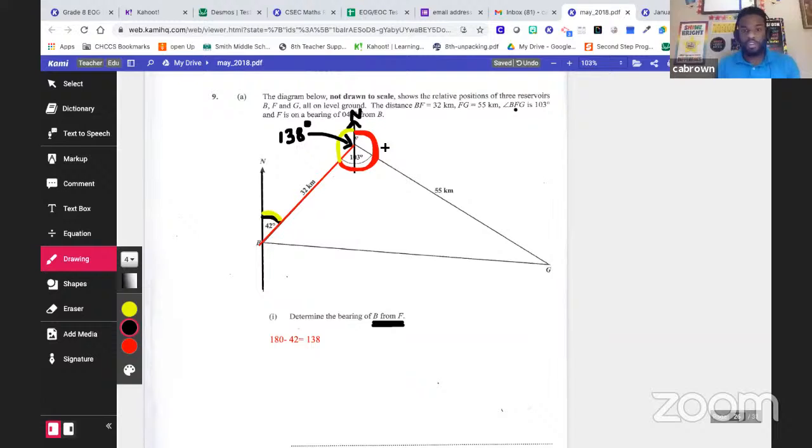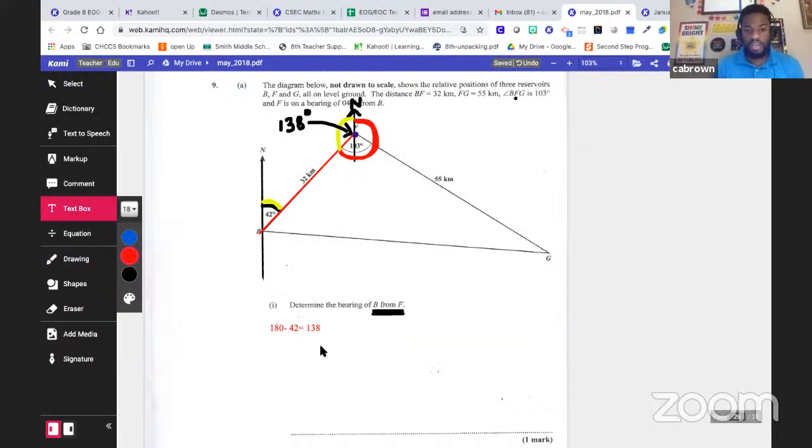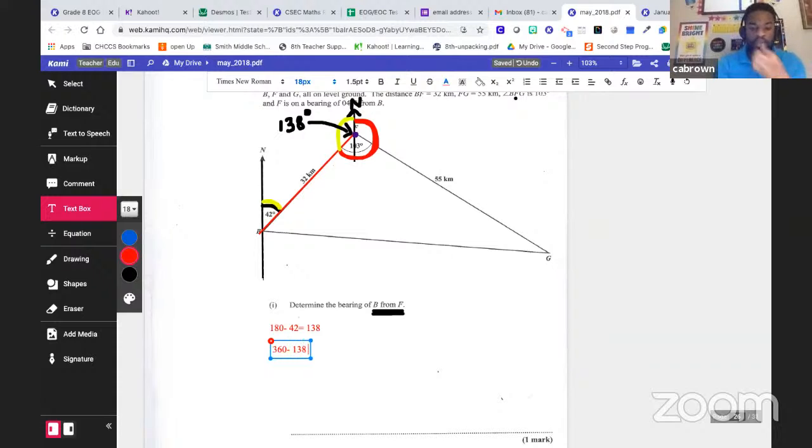Now, to find the red portion, all of this, the red and the yellow, when we add everything, it forms a total resolution, or angles meeting at a point. This point right here, I put it in purple. When angles meet at a point, they always add up to 360 degrees. So what we can do to find the bearing of B from F is to do 360 degrees minus 138 degrees.